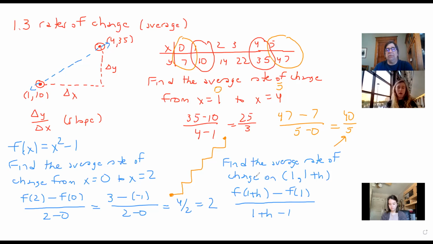So this answer will not be like this answer because it'll involve an h. So you actually have to do 1 plus h squared minus 1. F of 1 is equal to 0, so minus 0, all divided by h. 1 plus h minus 1 is equal to h.